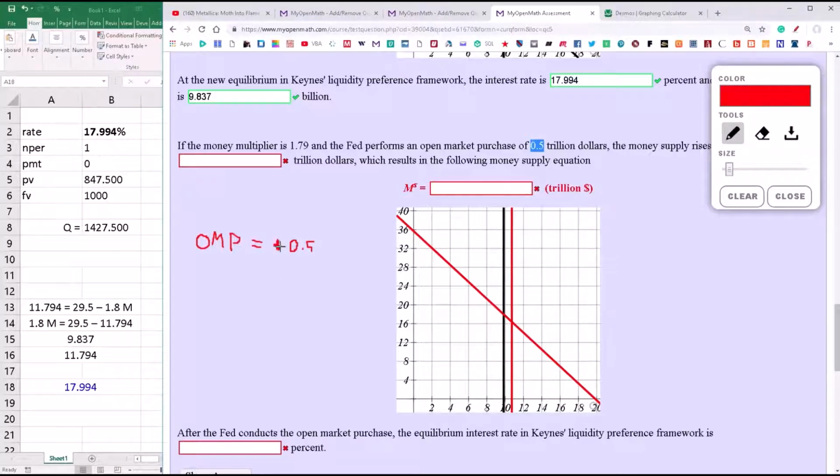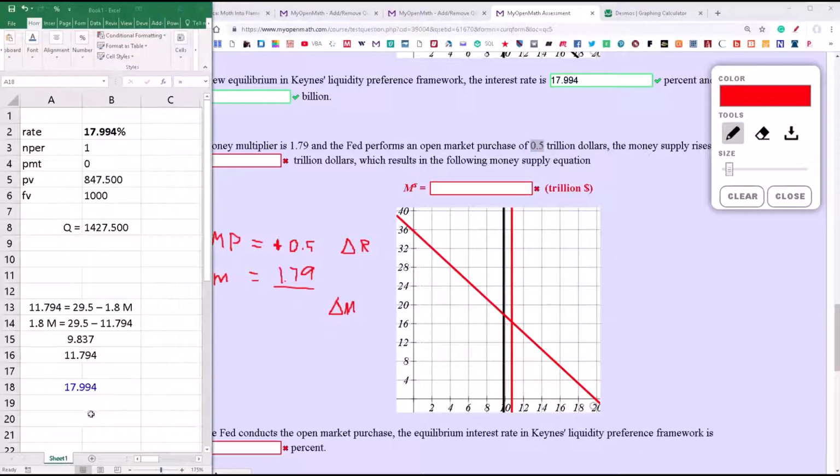The money multiplier is 1.79. And you multiply those two together to get the increase in M1. So this is the change in reserves, and this down here is a change in M, money. Okay. So let's go over here and calculate it.